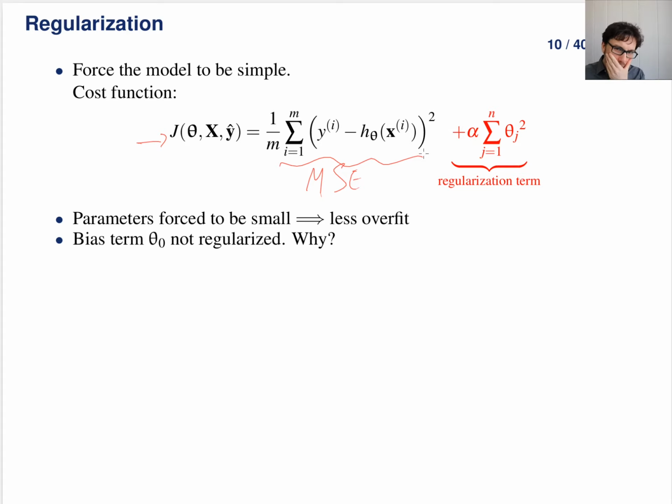Observe here that when you compute the optimal parameters, which is the argmin with respect to theta of this loss function, you cannot minimize too much the error, because you may have too high parameters, and so this regularization term would increase too much.